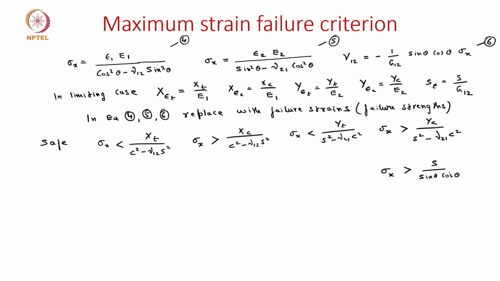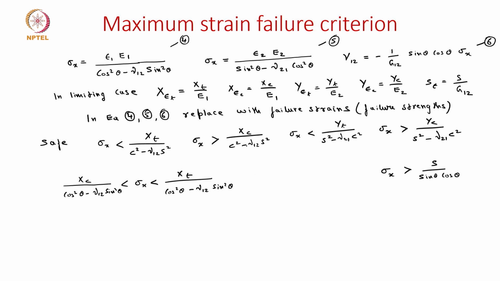So like in the maximum stress failure criteria, these two expressions can be combined and written in one expression. We can bring this sigma x to the middle and then write it as Xt by cos square theta minus nu 12 sin square theta, and Xc by the same cos square theta minus nu 12 sin square theta.